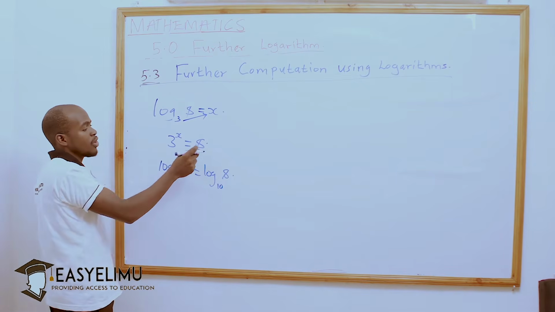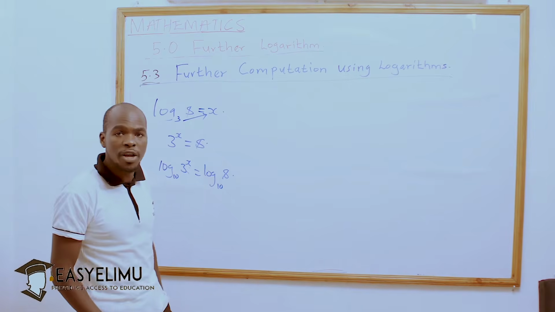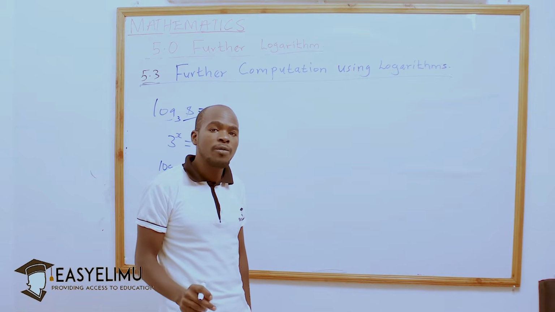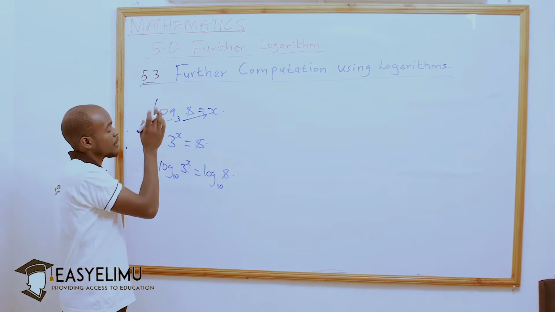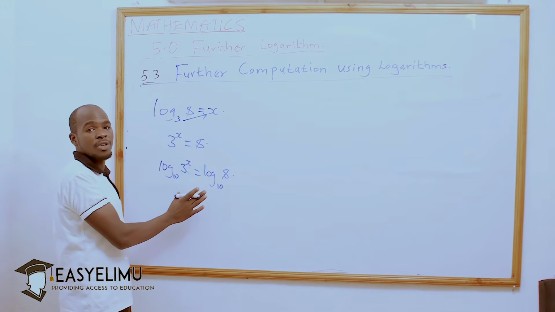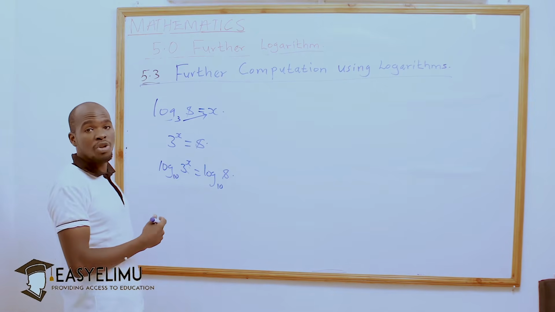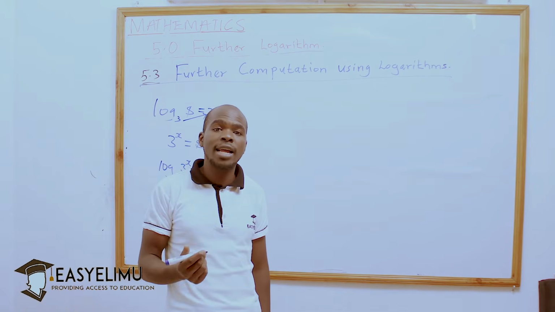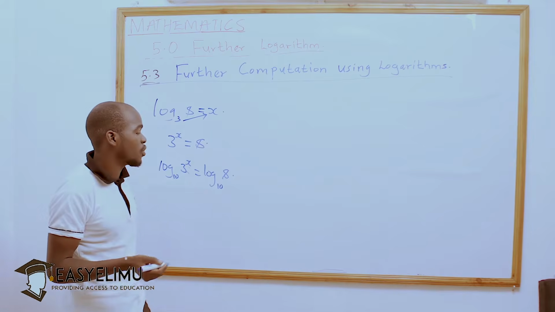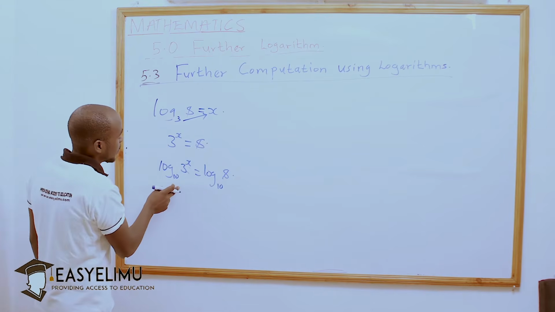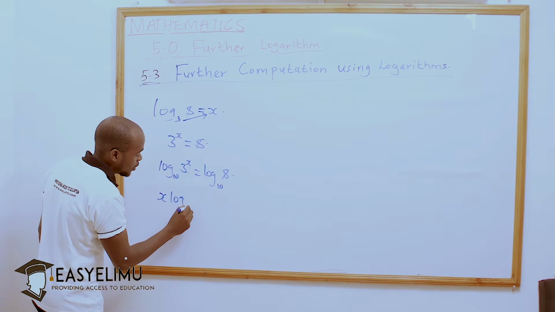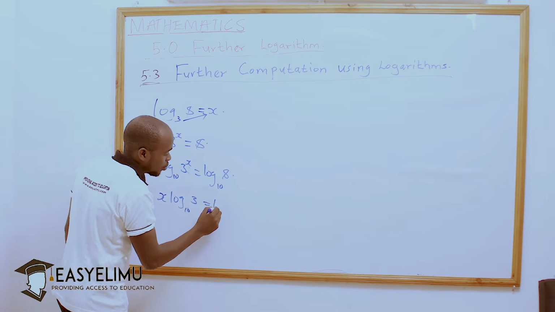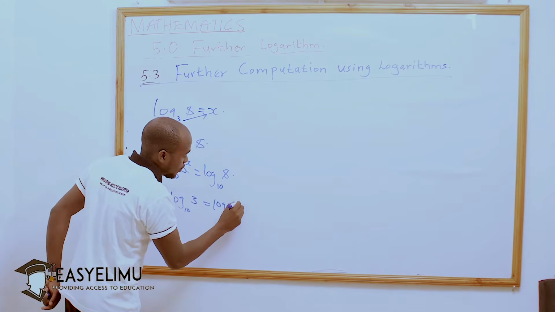Introducing logarithm to base 10 on both sides will have improved this expression to become one of base 10. And this one you can now use a calculator or a mathematical table to find out. For this case, we know this will now be x times log base 10 of 3 is equal to log base 10 of 8.